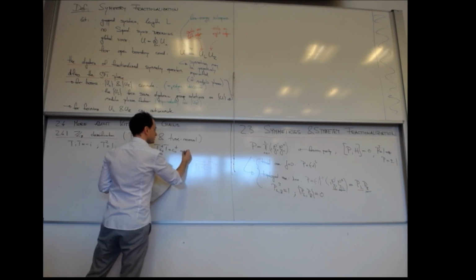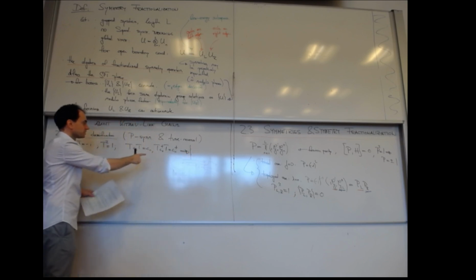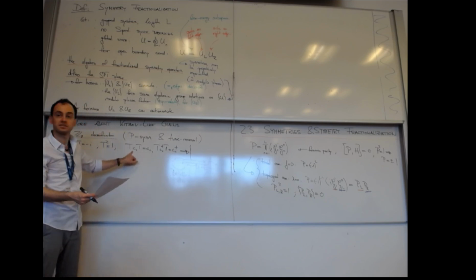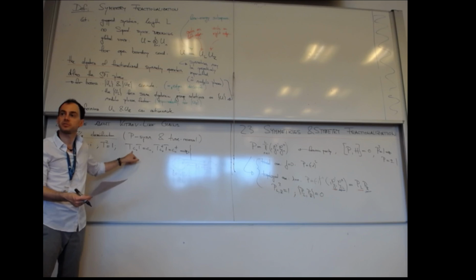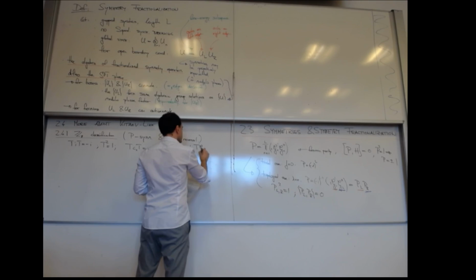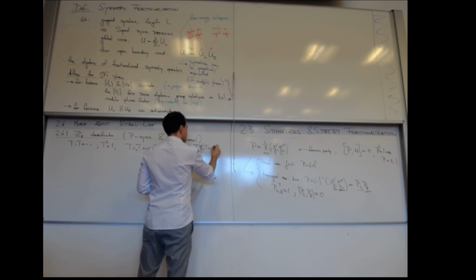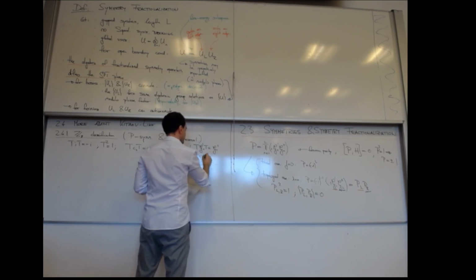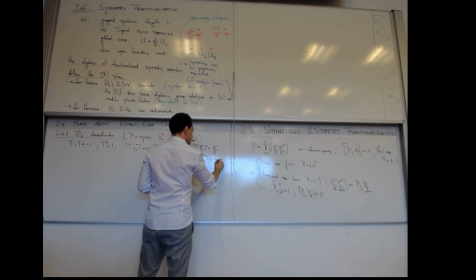This actually implies that one of the Majoranas transforms non-trivially. Remember that c is zeta prime plus i zeta double prime. So that means that T zeta prime_n T^-1 equals zeta prime_n, but T zeta double prime_n T^-1 equals minus zeta double prime_n.